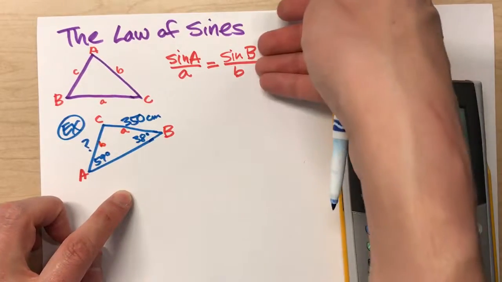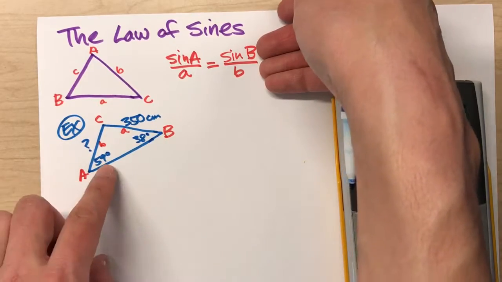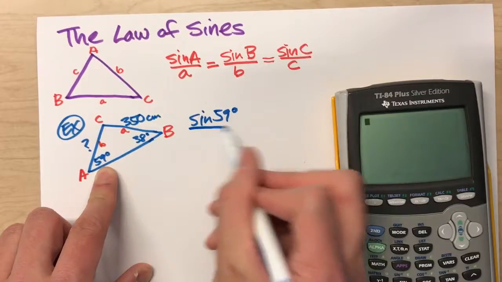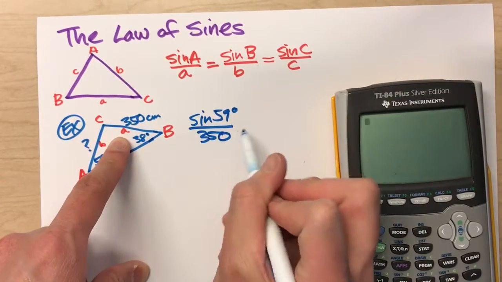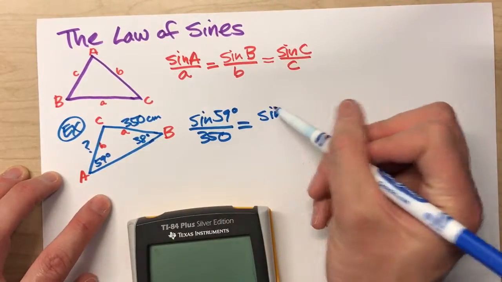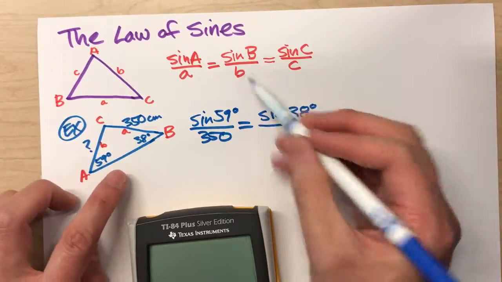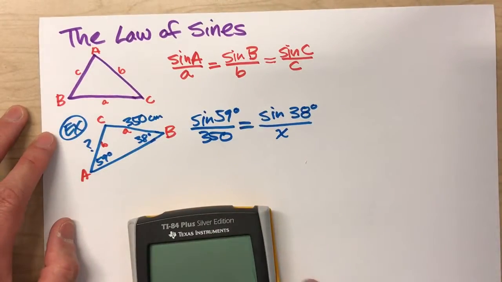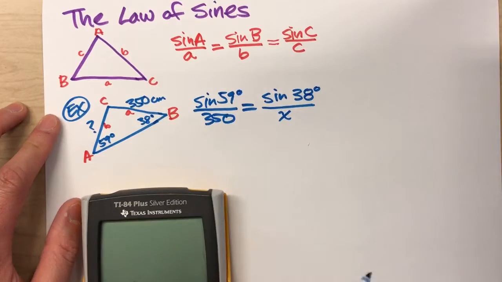Using just the first part of the law of sines, the sine of angle A, 59 degrees, divided by the length a, which is 350, should equal the sine of angle B, which in this case is 38 degrees, divided by the length b, which is what we're trying to solve for. So if we solve this equation, we can figure out what that side length has to be.